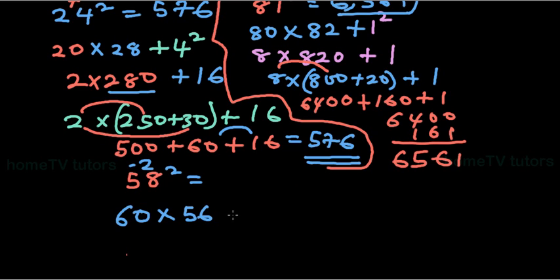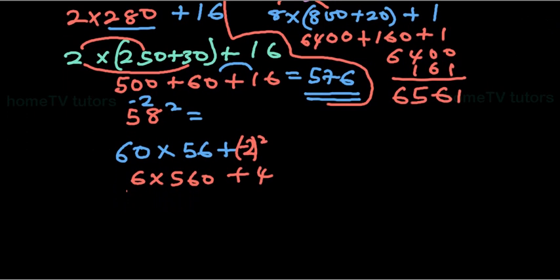Okay, all right. So now, as usual, we add the square of the difference. The square of minus 2 or just 2 is the same, which is going to give us 4. All right, so now let's multiply 60 times 56. We have 6 times 560 plus 4.